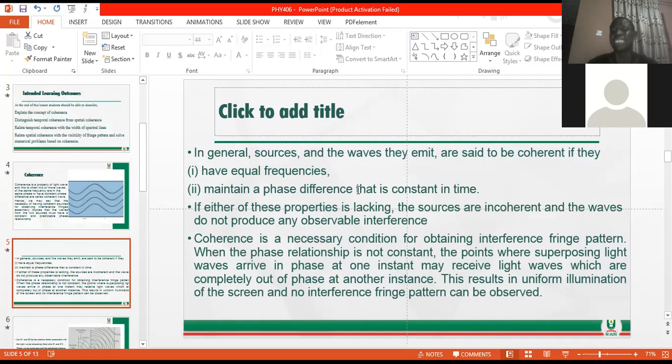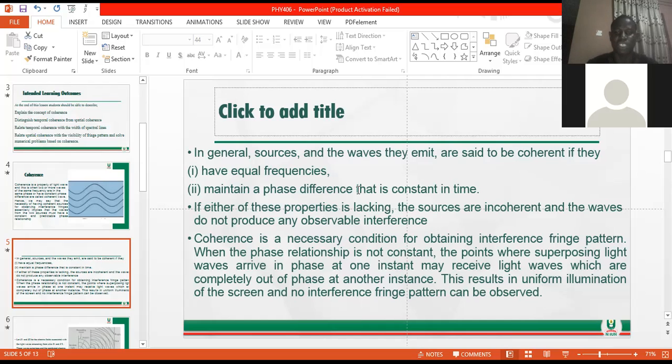And I also said that coherence is a necessary condition for obtaining an interference fringe pattern. Now, as a prerequisite for this course, you must have studied optics 1 and 2. So when we mention the term fringes or fringe pattern, it shouldn't be strange to you.